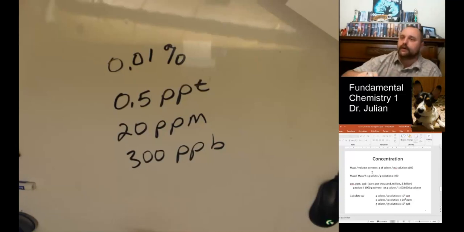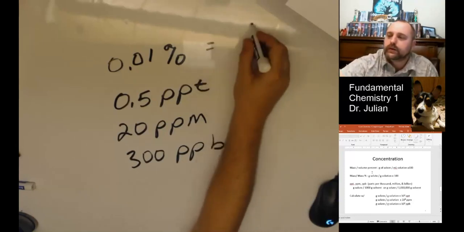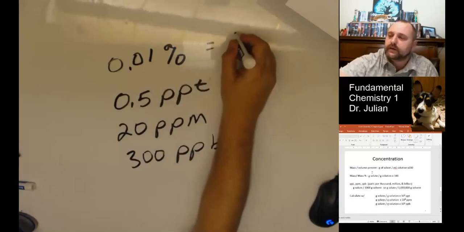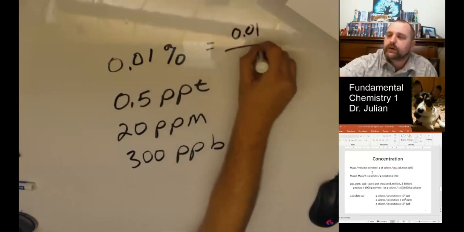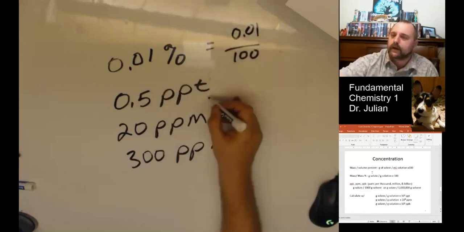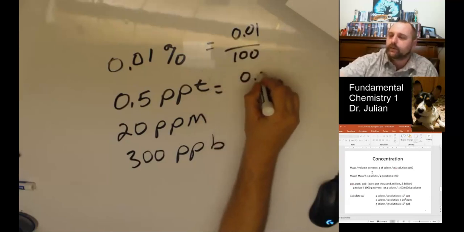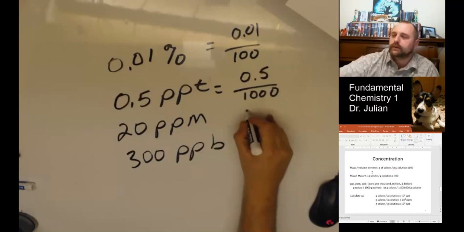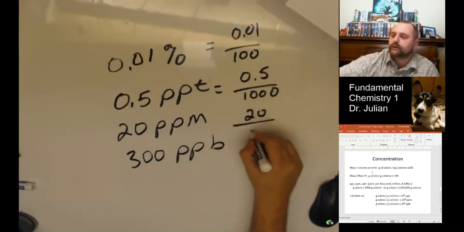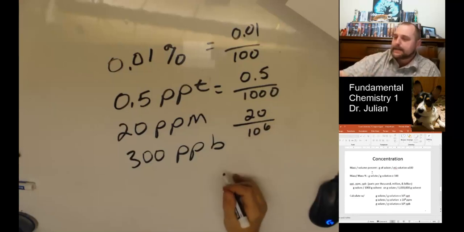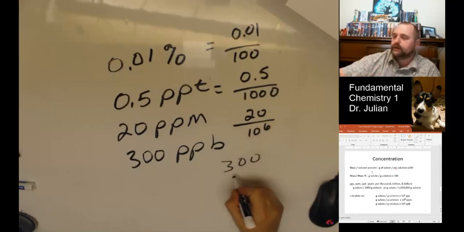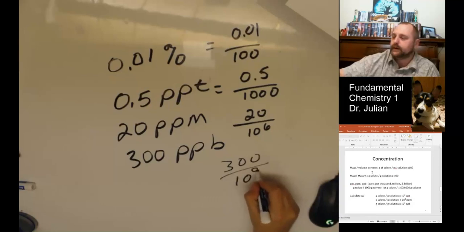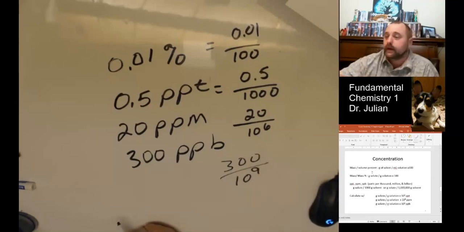So instead, what I'm going to do is put them over their bases. This is percent, so it's 0.01 over 100. And PPT would be 0.5 over 1,000. ppm would be 20 over a million, 10 to the 6, right? And this would be 300 over 10 to the 9, which is billion.